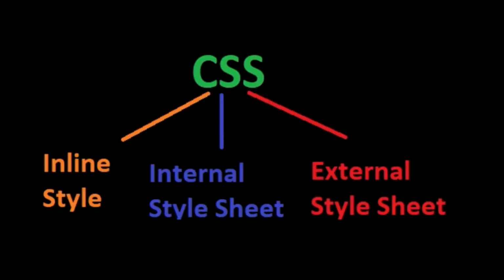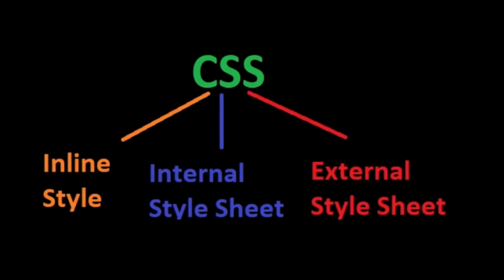In internal style CSS, we make a separate section in HTML code, and in that section we define the decoration of all HTML elements. In external style CSS, we make a separate .css file, and in that file we define the decoration of HTML elements.